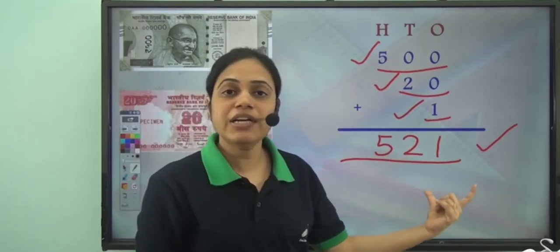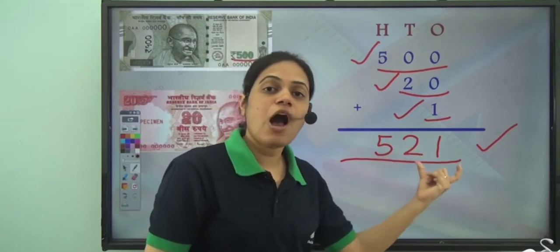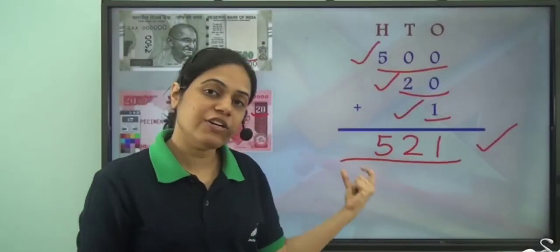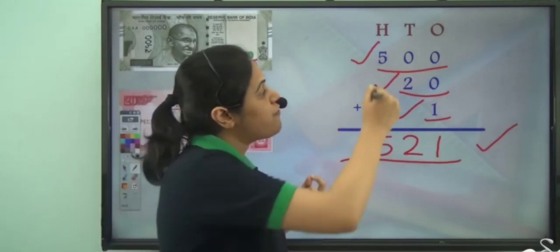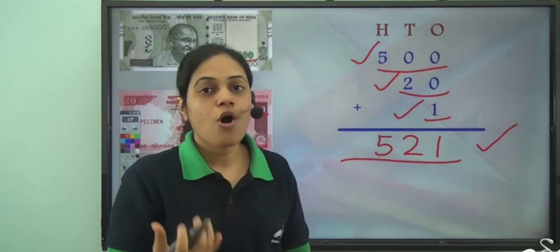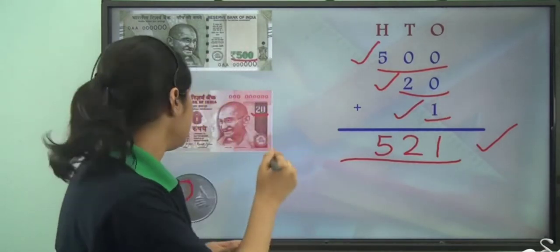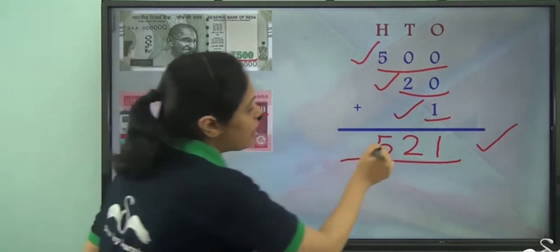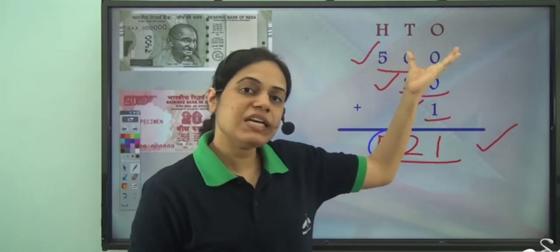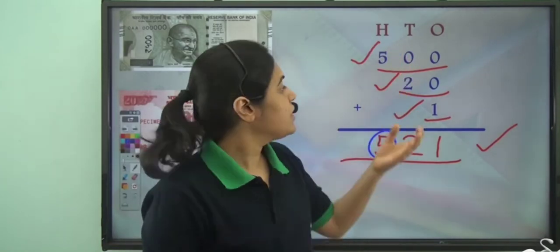There are 5 hundreds. So 500 shows that there are 5 hundreds. Or I can also say that 500 is the place value of the digit 5.